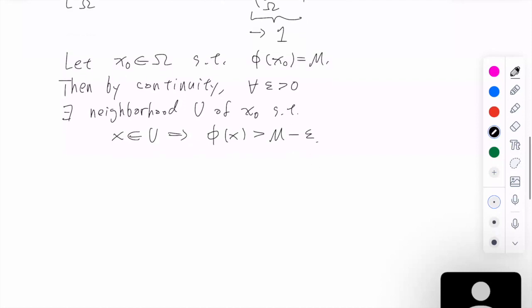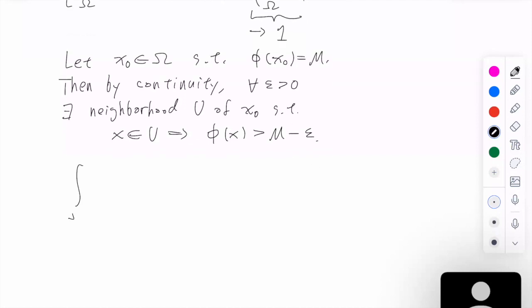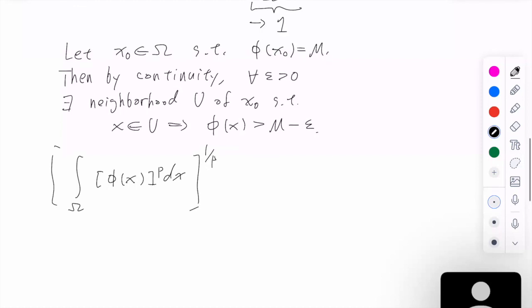This gives us the opposite inequality. So this integral is going to be strictly greater than the following. It's going to be greater than the integral over the subset U. So this neighborhood U must be a subset of omega.